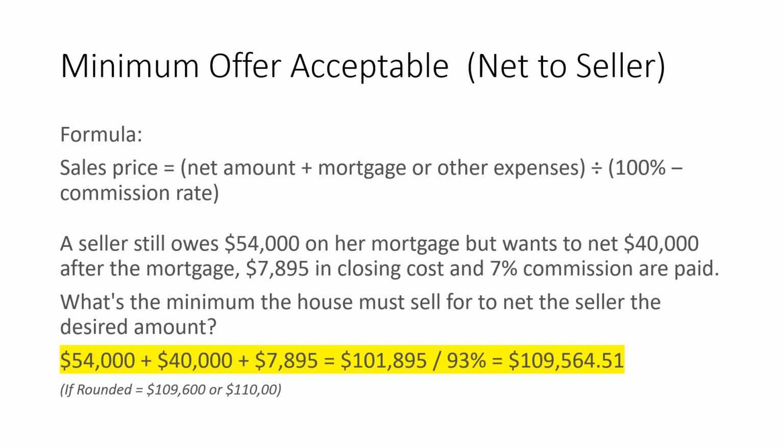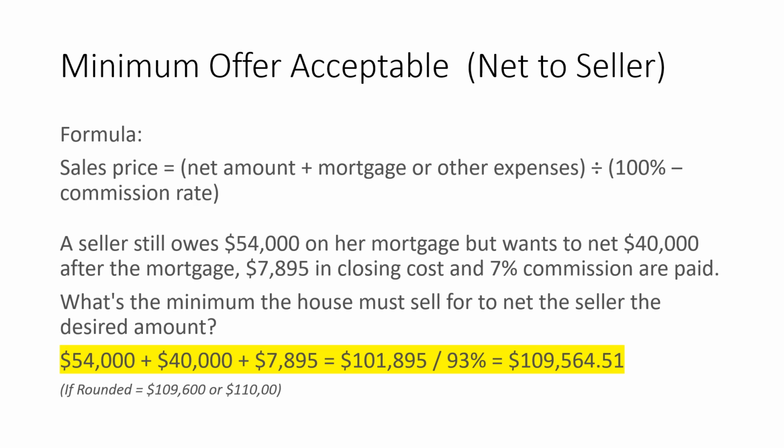Now I know it sounds like a mouthful. So here we are. The seller still owes $54,000 on her mortgage, but she wants to net $40,000 after the mortgage is paid, the closing cost of $7,895 is paid, and the 7% commission is paid. She wants to walk away with $40,000.